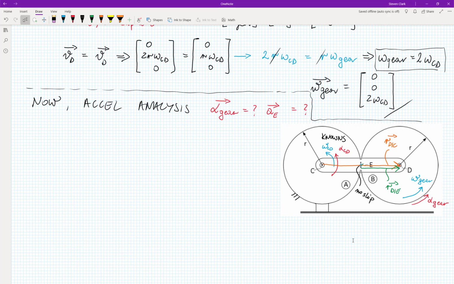Yeah, no problem. These vectors correspond to DD. DD points this way. Omega always points, in that case, towards you. Yeah. Awesome.